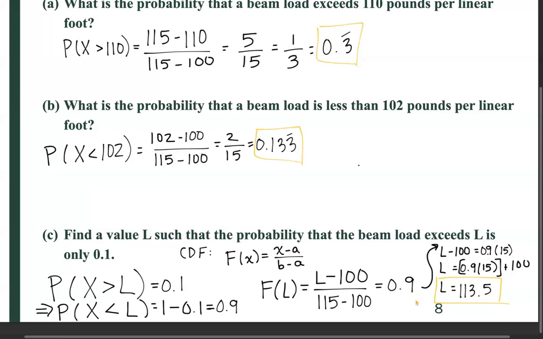Now we have this equation and we just want to solve for L. We can multiply 115 minus 100 on both sides, which is 15, and that gets rid of this denominator. So we'll have L minus 100 equals 0.9 times 15. Then we can add 100 on each side. I'm just following order of operations. So L equals 0.9 times 15 plus 100, and overall you get 113.5.